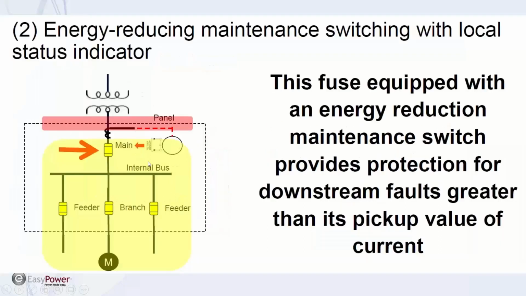Likewise, with an energy reducing maintenance switch with local status indicator, again, the fuse is equipped with this maintenance switch, which provides protection for downstream faults that are greater than its pickup value of the fuse by itself.